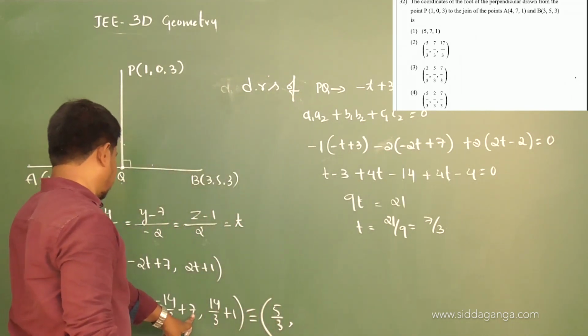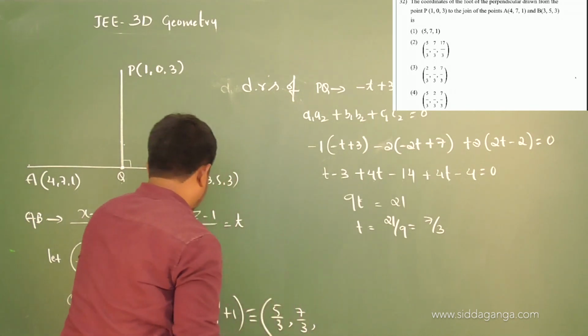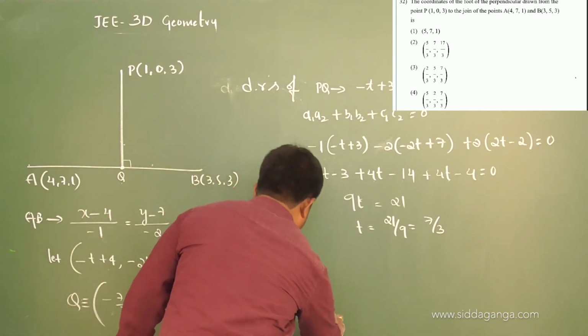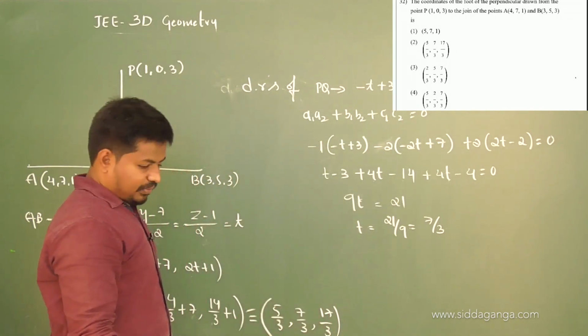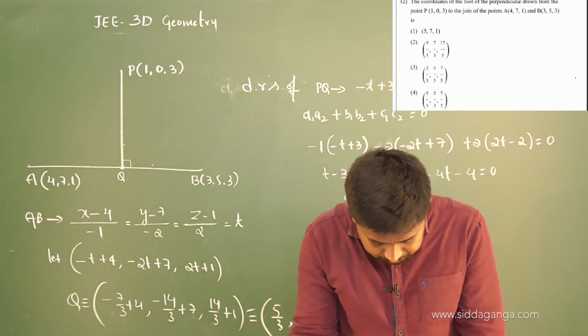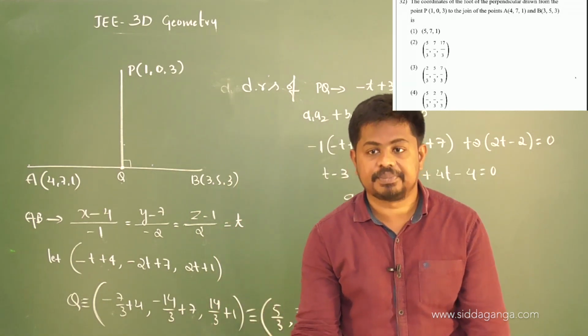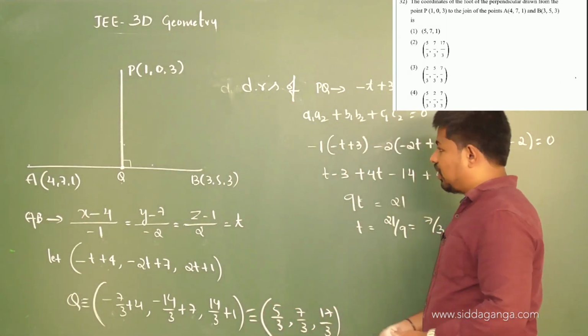So, 3 7s are 21, next 3 1s are 3, 3 plus 14, 17 by 3. So, 5 by 3, 7 by 3, 17 by 3. Yes, option 2 is the correct one. 5 by 3, 7 by 3 and 17 by 3 is the required foot of the perpendicular.